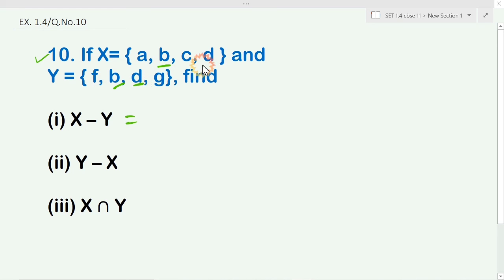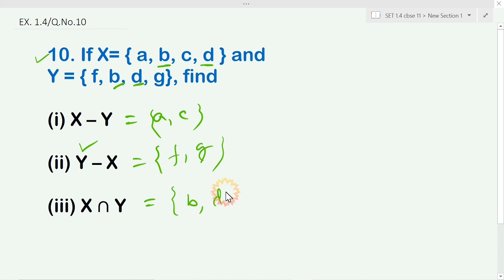Yes, B and D. So X minus Y equals A comma C. For Y minus X, you have to write the remaining elements in Y, because Y is in the first place, that is F comma G. And the intersection of X and Y, the common elements, is B and D. Very easy.